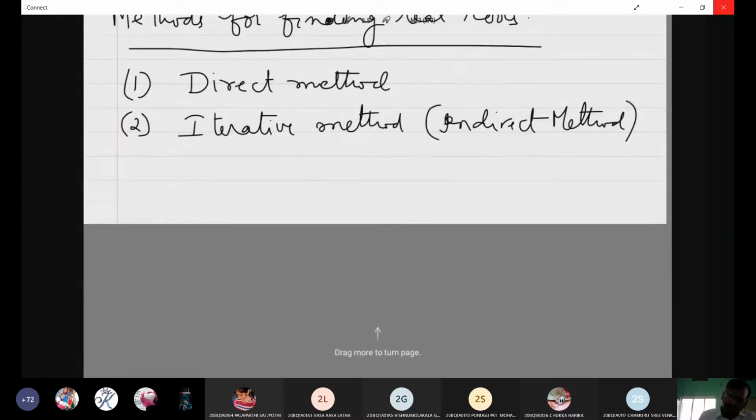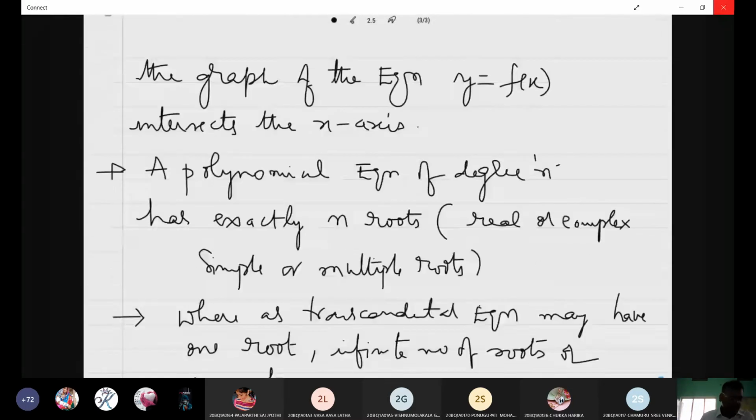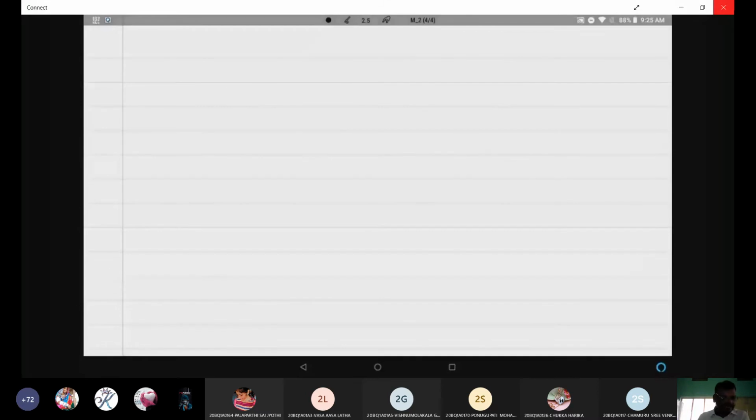Now, note down the meaning of direct method, in one or two lines like this.